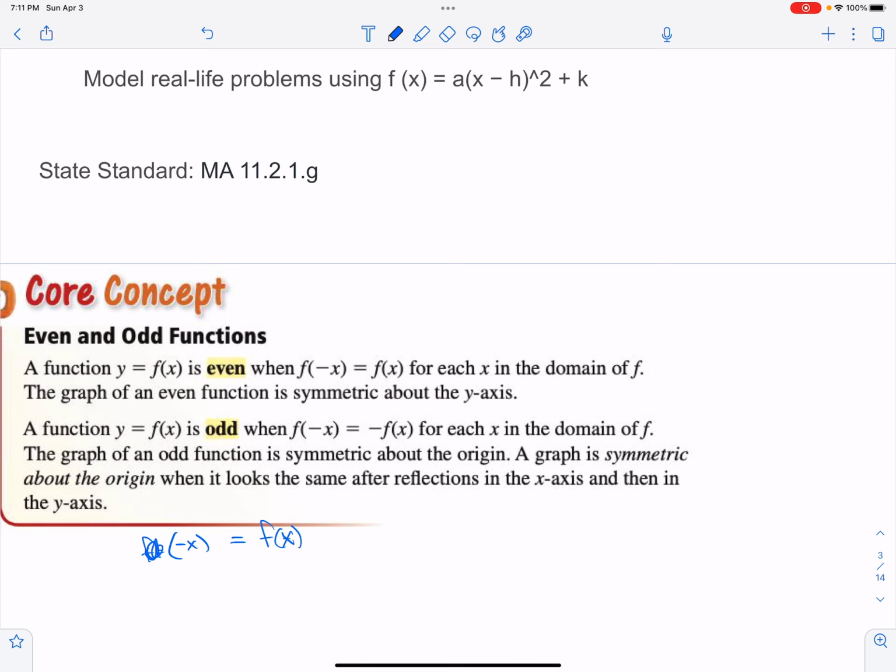However, if my function is odd, when I plug in that negative sign, everything will change. So when that negative sign is in front, every term in my function will change signs. And if it doesn't do either, or changes half and half, the function is said to be neither even nor odd.